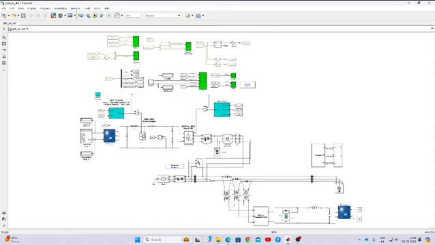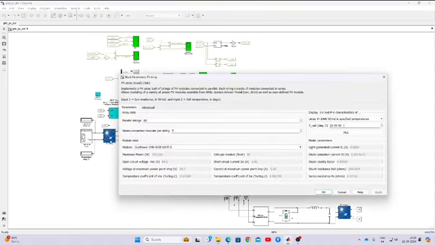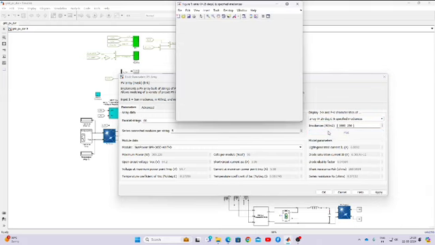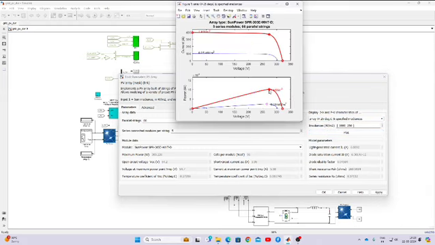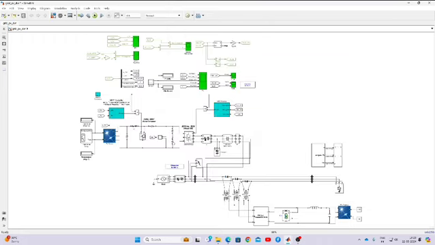Here you will see that this PV array has a rating of around 100 kilowatt. Next we have the boost converter.